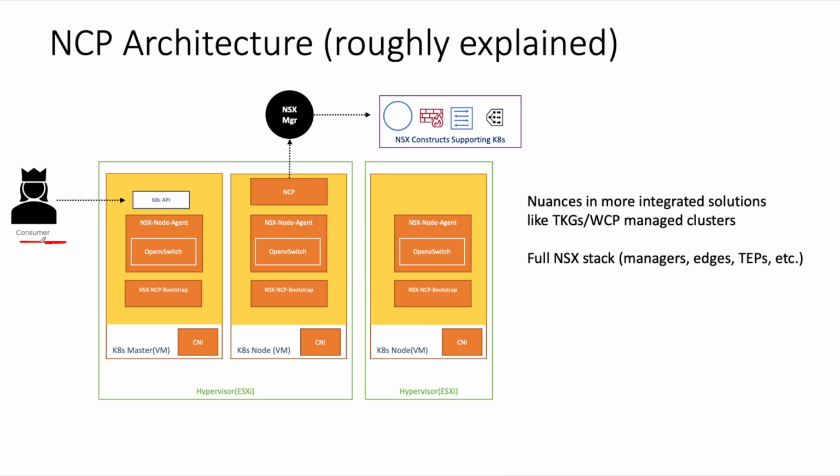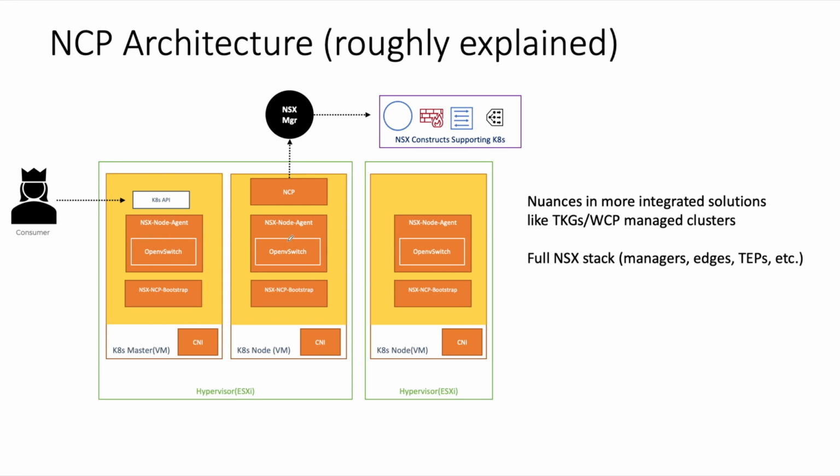in that your consumers are still going to interface with that Kubernetes API and write out their YAML specs, but NSX and NCP are going to install a bunch of different components on your nodes. And effectively what's going to happen is, as the consumer is configuring their ingresses or network policies or pods, that is all going to be plumbed by NCP.